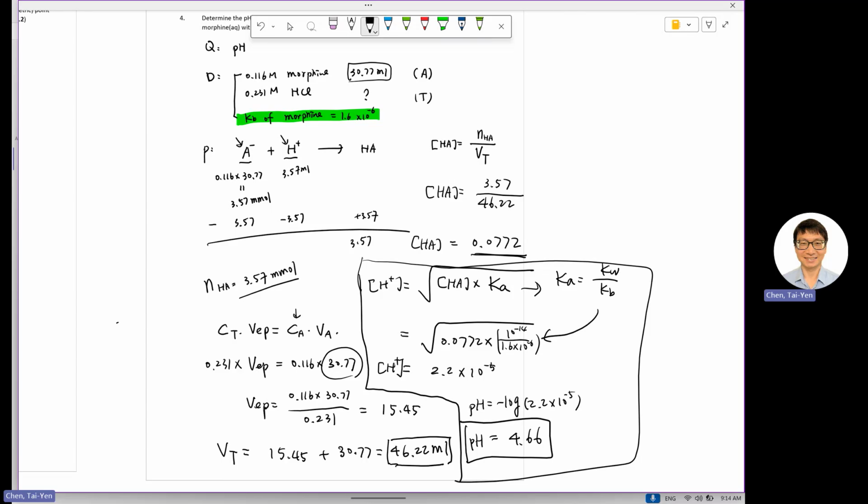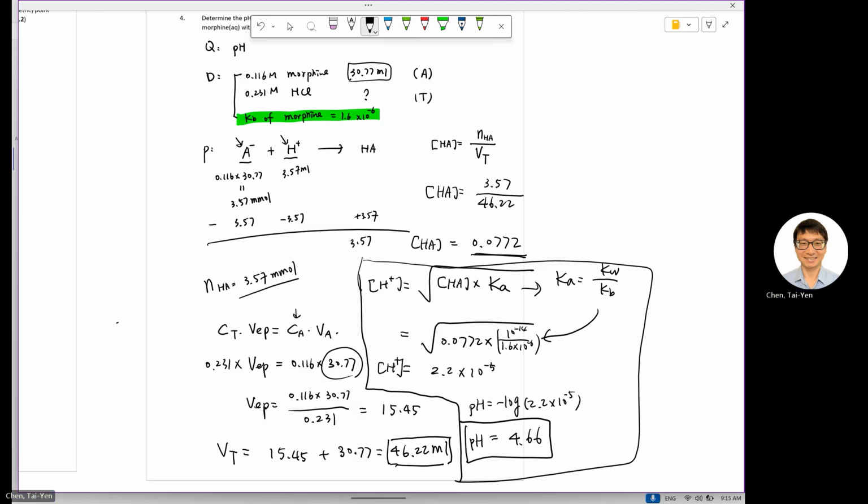Right? I have a weak acid, I know my weak acid concentration, then I calculate pH. That's actually the standard question you have for chapter 13. Right? So that's why I want you to really memorize those things, because once you know that you just plug in the very last part, it becomes not a problem anymore.